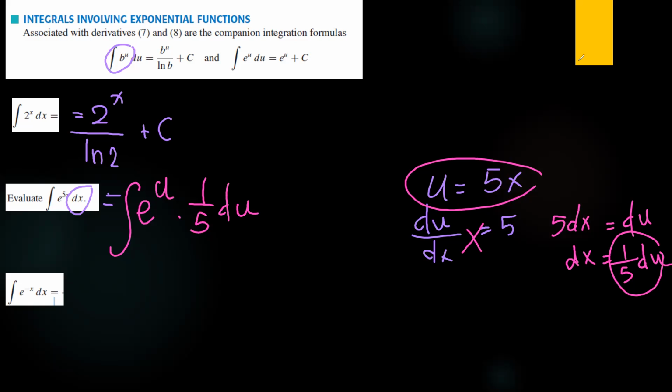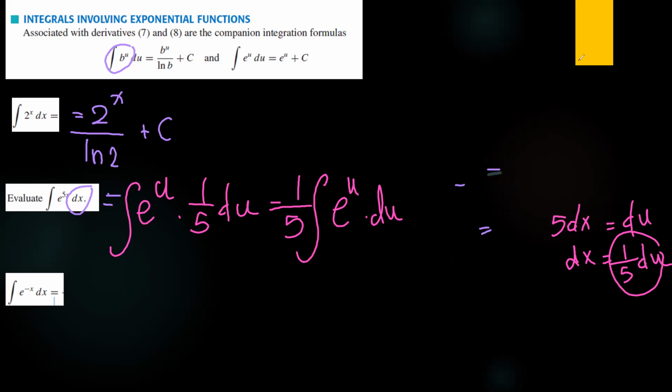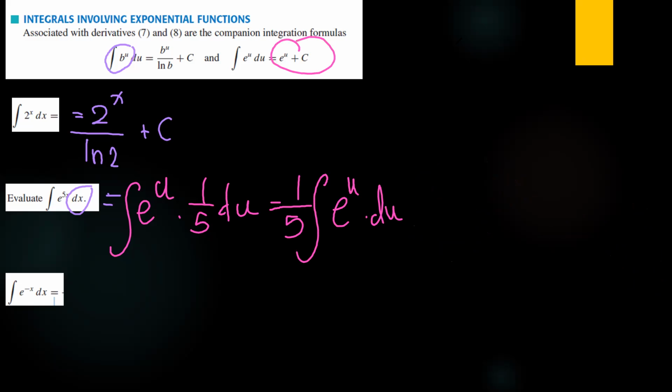So you have 1 over 5 the integration of e to the power u du. I know that its integration is e to the power u plus c, and replacing, it comes as 1 over 5 e to the power 5x plus c.